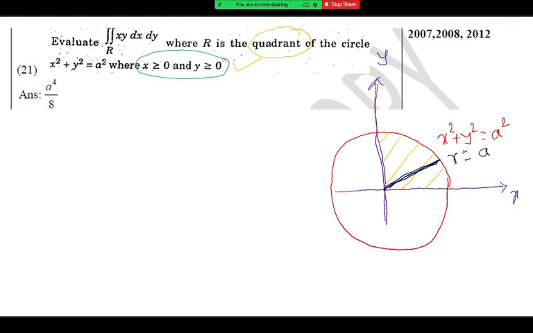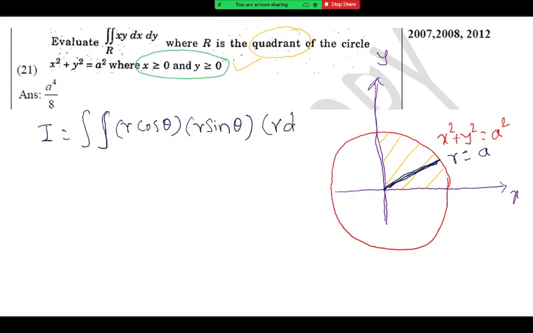R equal to A. Now, the integral I will be transformed to a double integral. What is the value of x in polar? X is R cos theta, y is R sin theta, and the value of dx dy is R dr d theta.